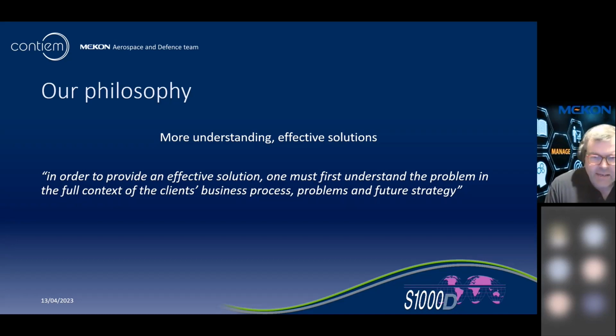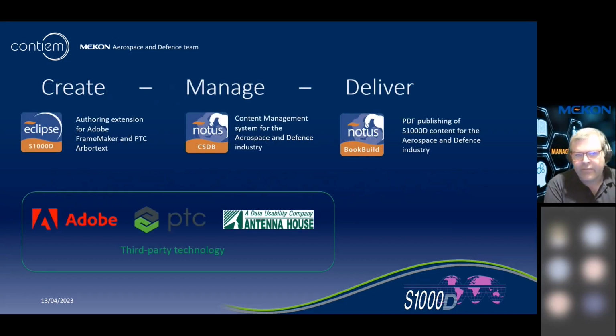For S1000D, we have three main strands, what we call create, manage, deliver, which is the life cycle of your tech pubs. On the creation side, we have authoring extensions at the moment for FrameMaker and Arbortext. We are just in the process of producing a new extension, which is quite exciting, for Oxygen, which will give us a much lighter weight platform compared to the other two.